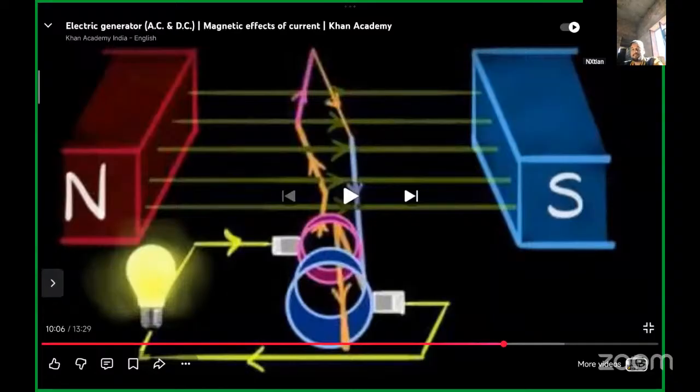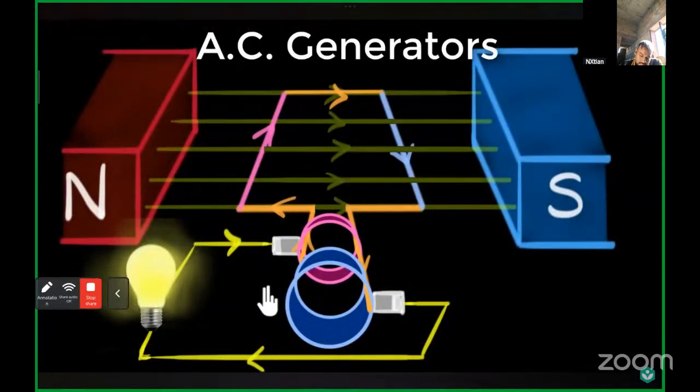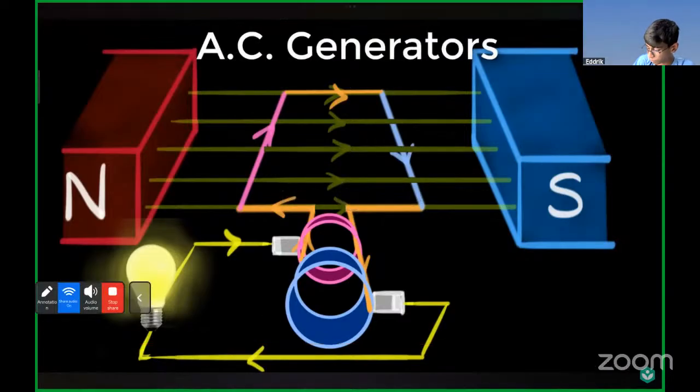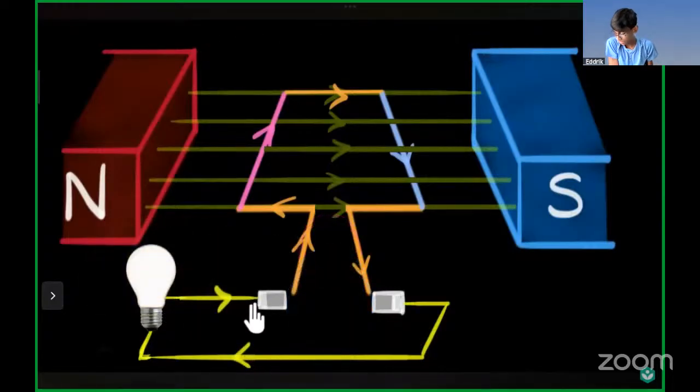How do we do that? Well, to build that, first let's get rid of these rings. Now to make sure that the current direction remains the same, what we will need is that these brushes continuously keep changing contacts between these wires for every half a rotation.